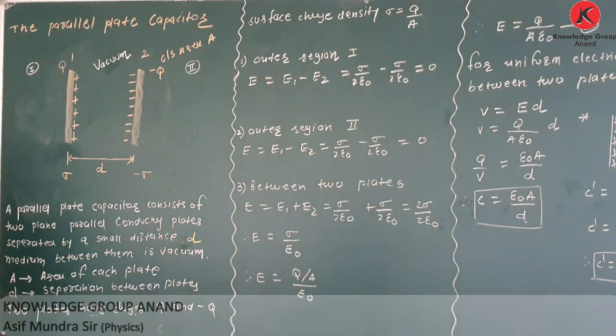Here, again, we will revise it. In this first region, if I am taking one point here, then at this point, the electric field is due to the positive plate away, and due to the negative plate towards. So E1 is due to the positive plate, E2 is due to the negative plate, and they are in opposite directions.